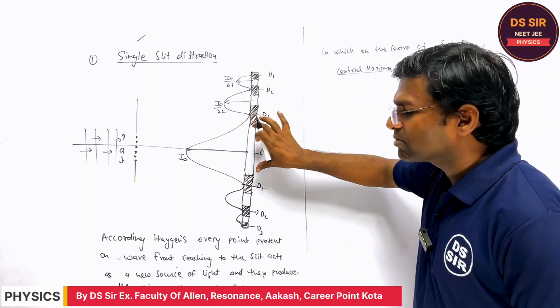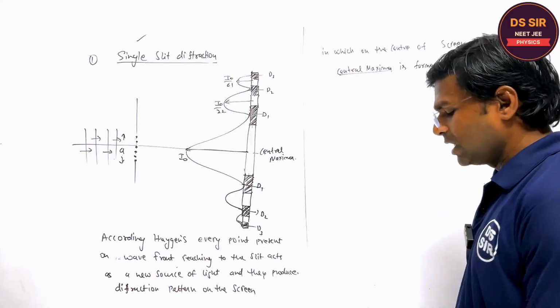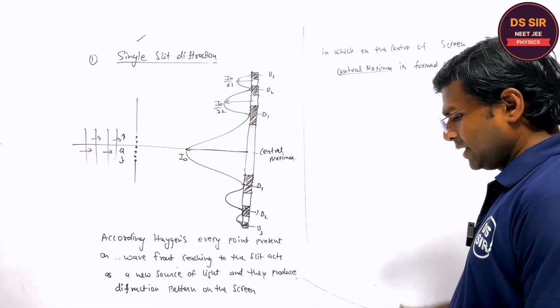Most of the light is in this central maxima only, right?